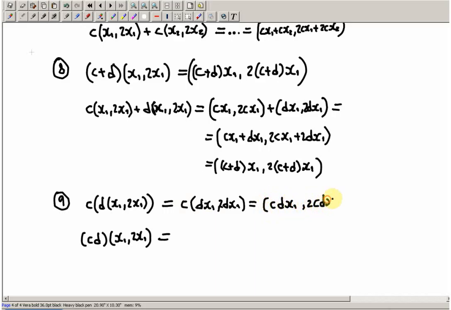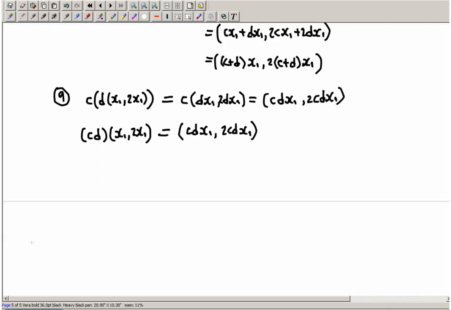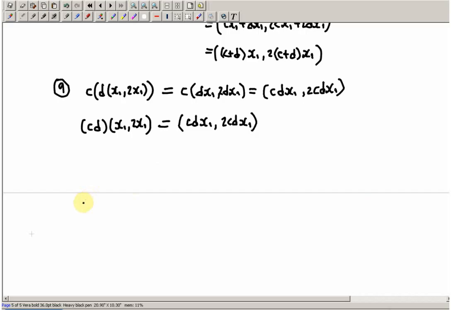And then here, that's pretty easy: cd x1, and then 2cd x1. They're equal.